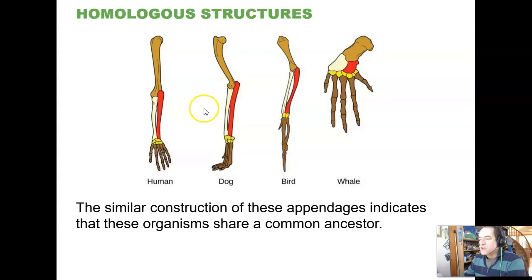And the implication here is that they really do come from a common ancestor, that these are modifications of something some ancestor of both of these groups had, and that has been modified for the evolutionary trajectory, the environmental selective pressure, and other selective pressures that these organisms faced.